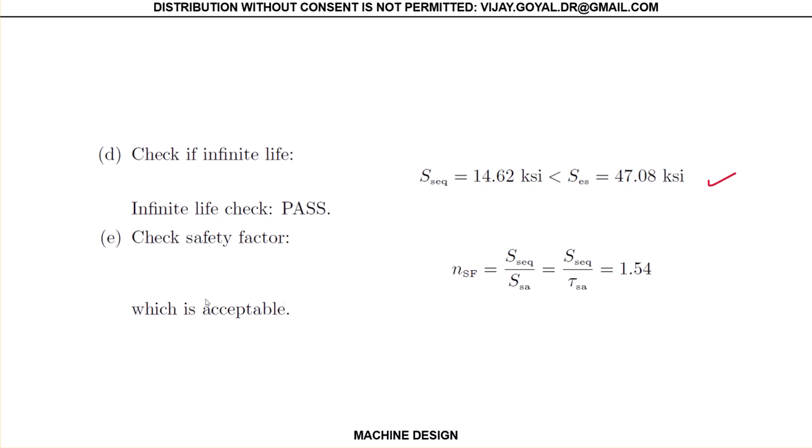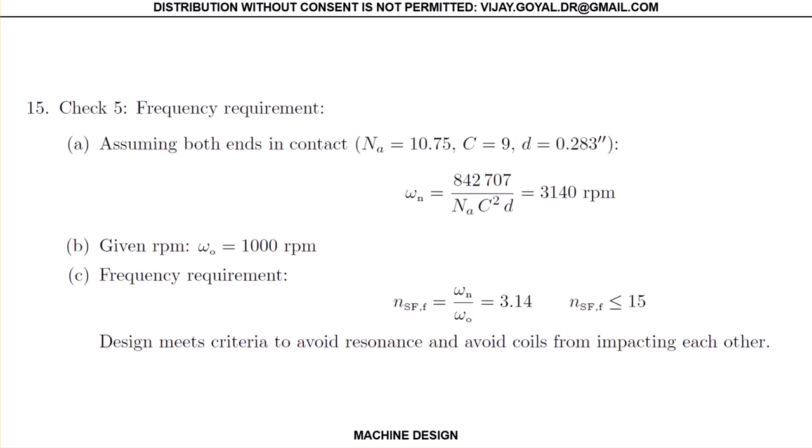You also want to check the factor of safety for fatigue, and that's done by using tau A, and it gets 1.54, which is also a check, and we are in good shape there. The next thing that we want to do is check your frequency requirement. You don't want the spring to wobble and enter resonance.